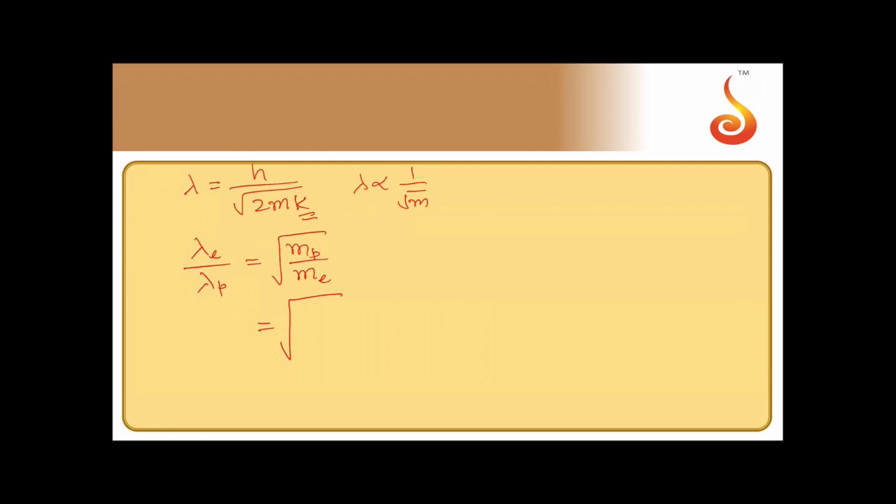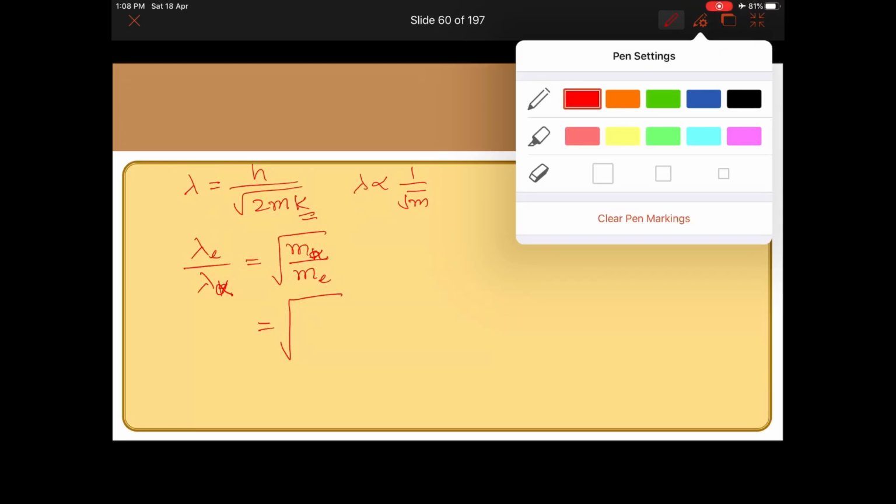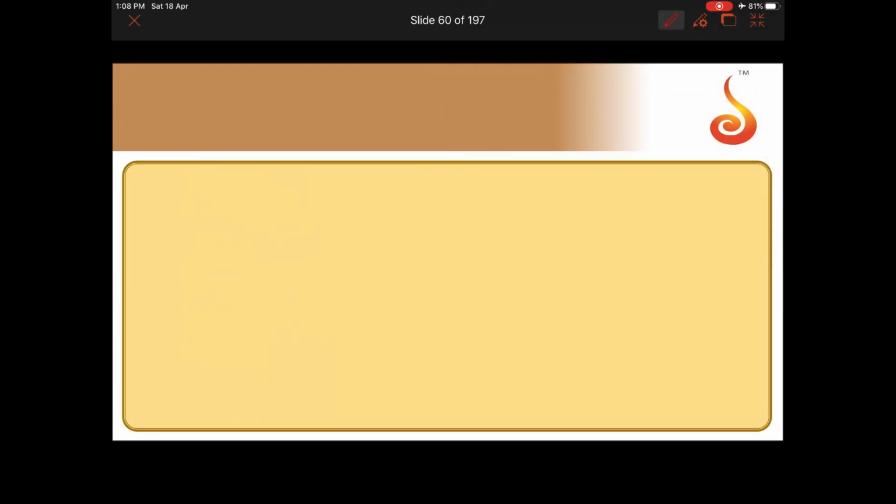So, mp is mass of, they have given alpha particle, so lambda alpha, so m alpha by me. They have given alpha particle and proton. Okay, so lambda is equal to h by root of 2mK.